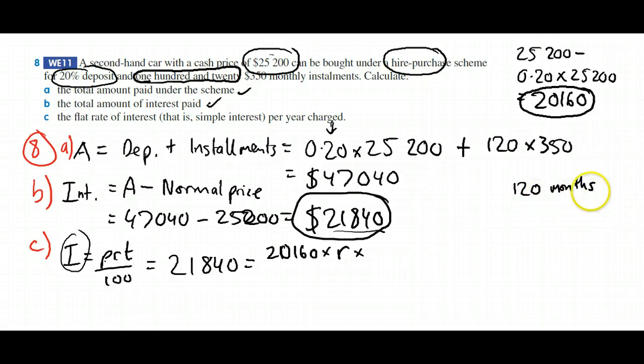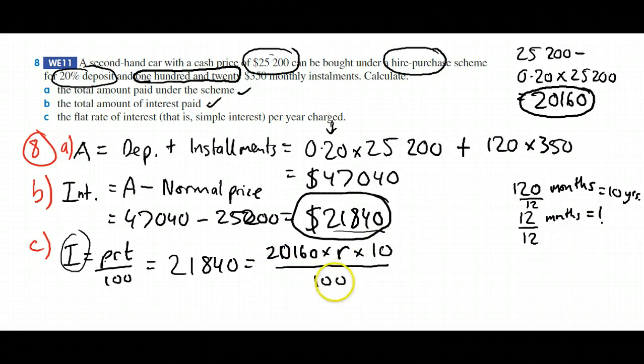So to convert months into years, if we had 12 months, that would equal 1 year. So clearly we take the number of months and divide it by 12, and it will give us a number of years. So 120 divided by 12 equals 10 years. So our T in years is 10, and we need to put all that over 100.